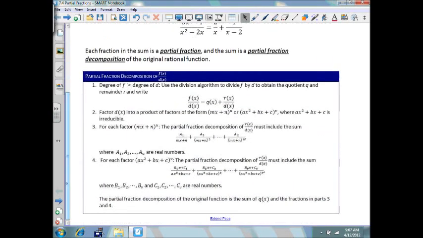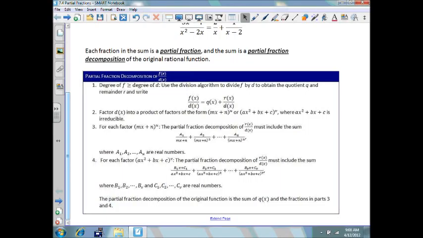Now, what we have here in this chart is really what's going to be happening, how we're going to do this partial fraction decomposition. We're really not going to see part 1 too much, but you do have to pay attention.